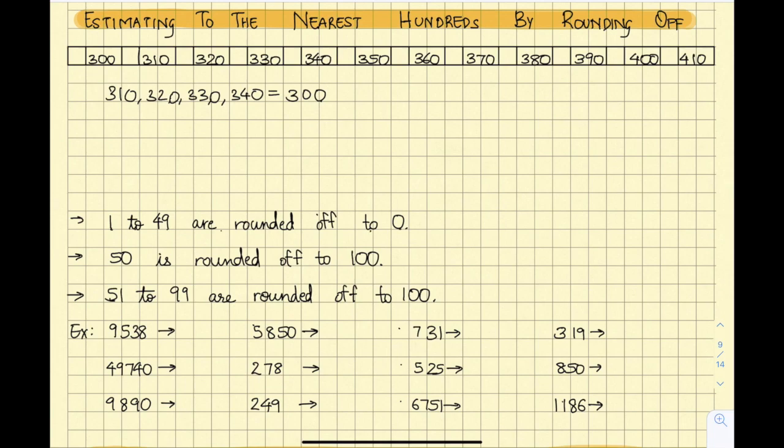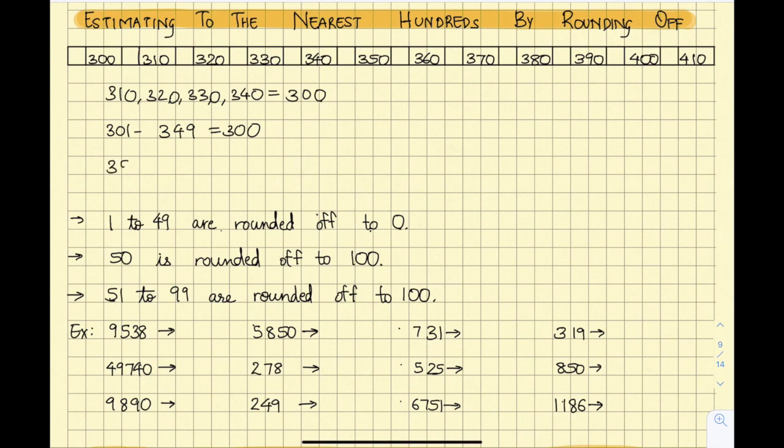For example, the numbers 301 to 349 are closer to 300 as compared to 400. Hence, these all will be rounded off as 300.